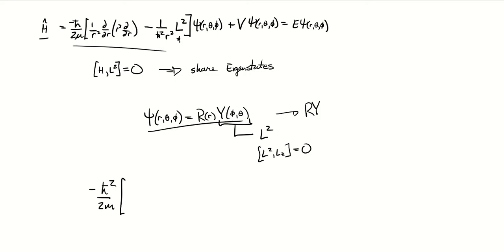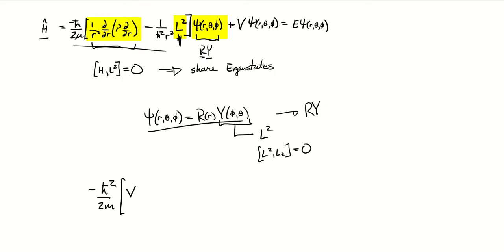times, well, if we substitute our Y here, this L squared operator is independent of r. So it's only going to operate on the Y, so the R can come right across to the other side. And likewise, these operators only operate on the R, so the Y can come through to the other side.